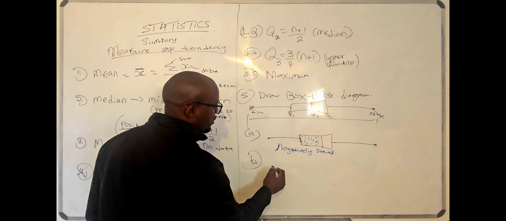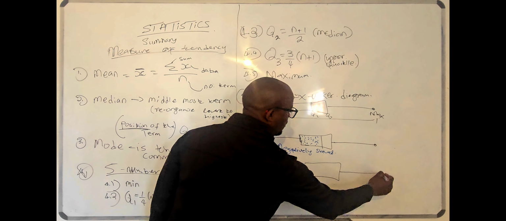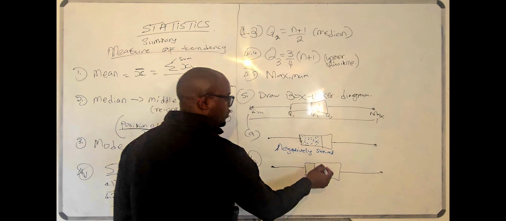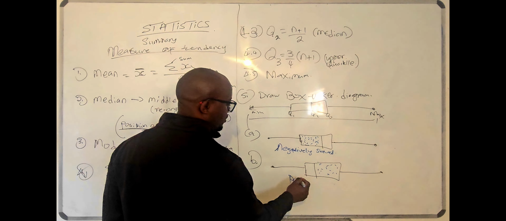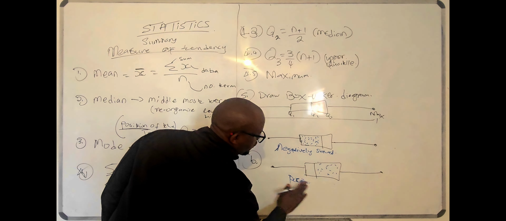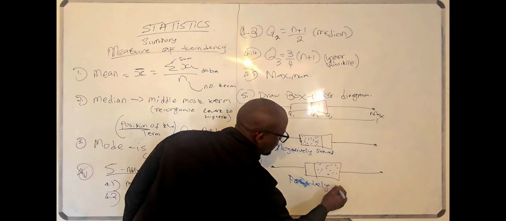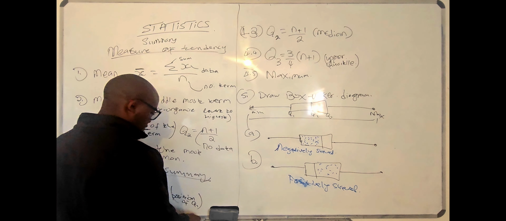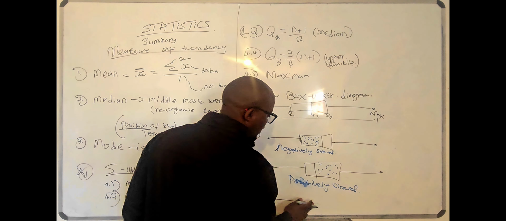And then you would have it looking like this. Most of the data is sitting on the right-hand side. Therefore, it's positively skewed. And then you might have it looking like this.